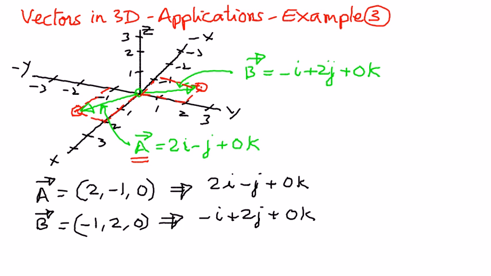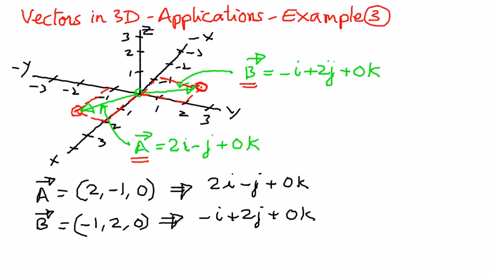I put a small red circle around there, and then I've joined it with a green line starting from the origin to that point, and I've indicated that as vector B, and vector B is -i plus 2j plus 0k.